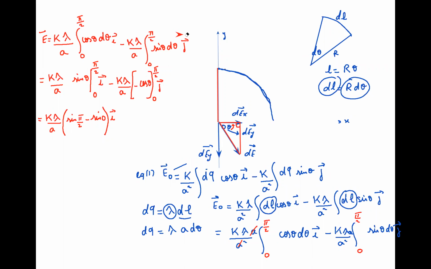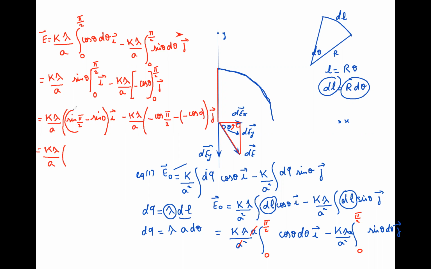We continue. Minus k. Okay, we can put the minus outside, or we can keep it as you like. Equals k lambda divided by a, minus cosine pi over 2 minus cosine 0, j direction. Okay, it is equal to k lambda divided by a.